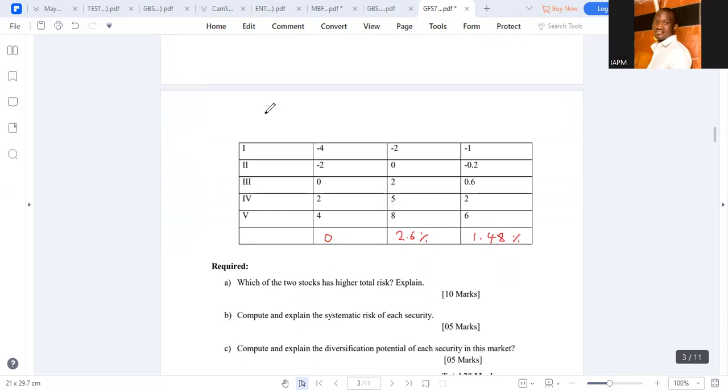Yes, Mianda? So we find the standard deviation. Take your percentages, subtract the expected return, the sum of that, and then divide by the n. Okay.